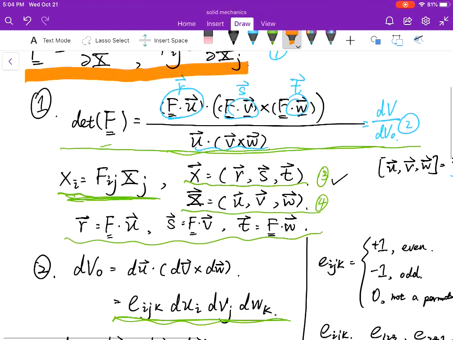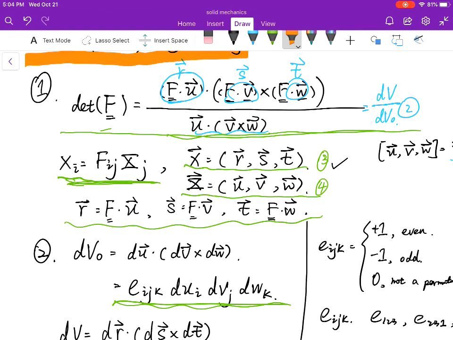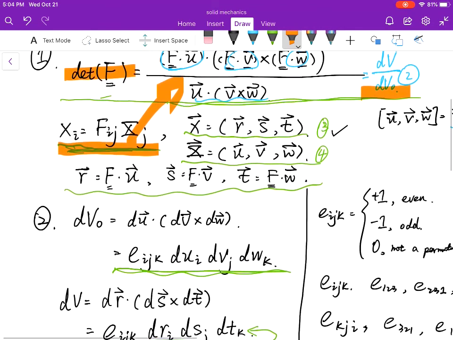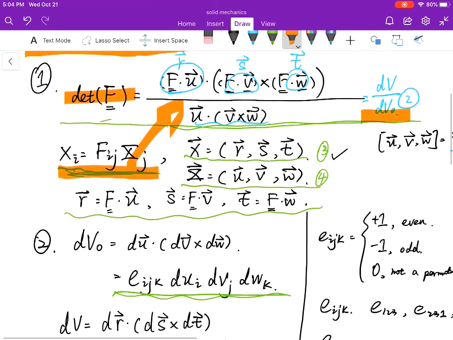First is through the mathematical definition of the determinant of a tensor. Substituting the deformation gradient tensor directly into that definition, we naturally get dv over dv naught.